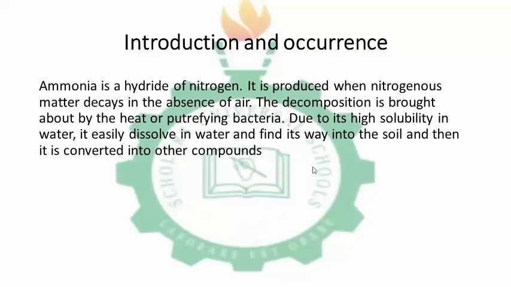Now the decomposition is brought about by heat or putrefying bacteria. Due to its high solubility in water, it easily dissolves in water and finds its way into the soil, and then it is converted to other nitrogen compounds.